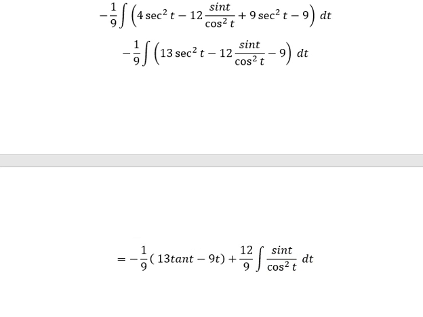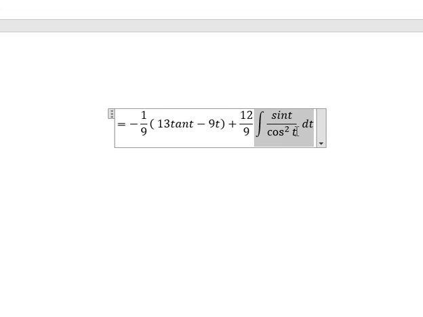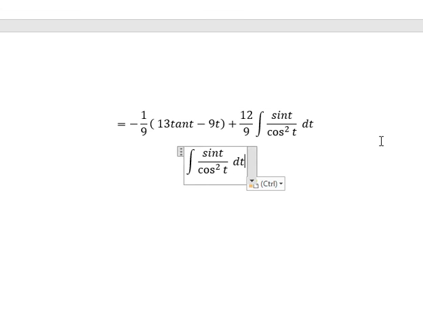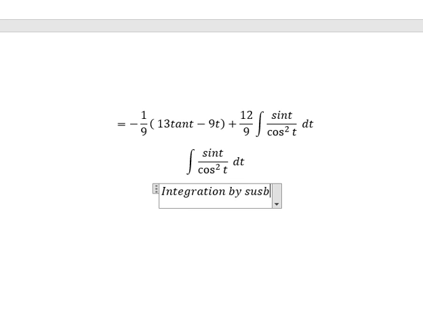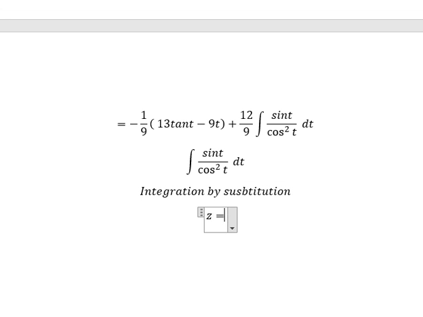Now I will show you the technique how to find this integration. So we need to use integration by substitution. So I will put z equal to cosine t. Later we take the first derivative of both sides.